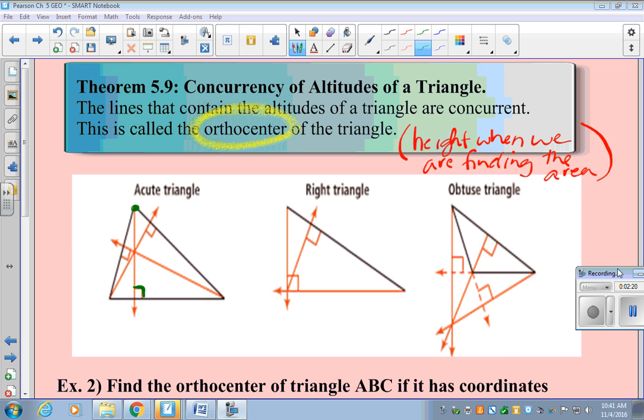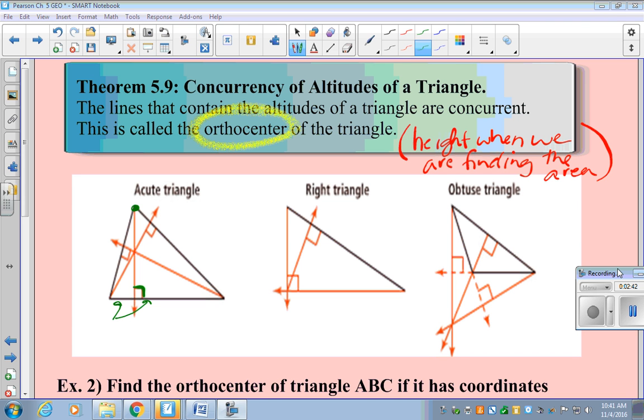Sometimes, like for here, this altitude definitely doesn't cut my side in half, but it's what we classically use when we're doing area of a triangle. The cool thing is, we have a triangle, so we're going to have 3 different altitudes.